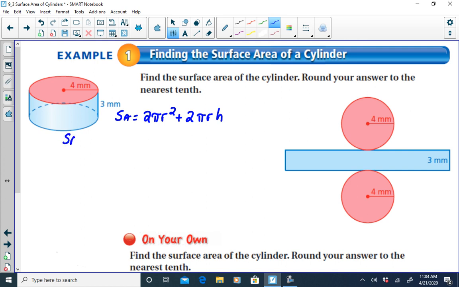So your surface area is going to be equal to 2. Now for pi, we'll use 3.14 as our approximation for pi. The radius we're given in the problem is right here in blue. That's going to be 4. Then we're going to have to square that. Plus 2 times 3.14 times the radius again times h.